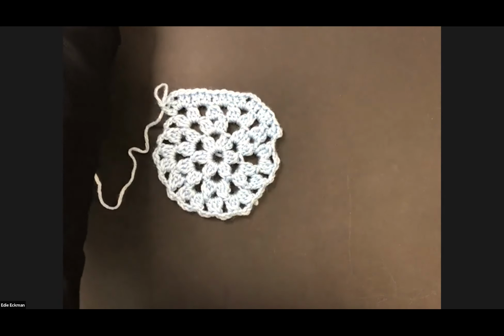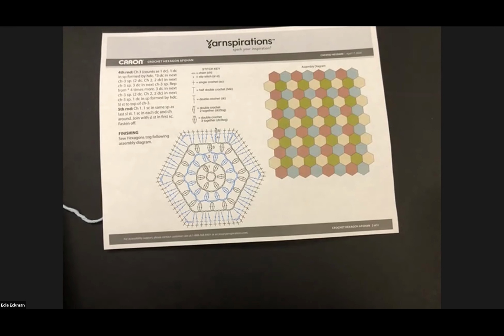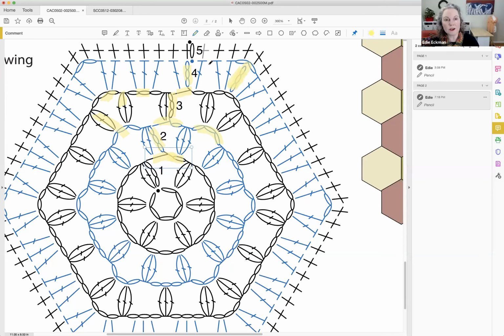The next round, let me share my screen again. The next round is simply going to be single crochet in every stitch around, but in each corner space, you're going to put 2 single crochets, these 2 single crochets right here.